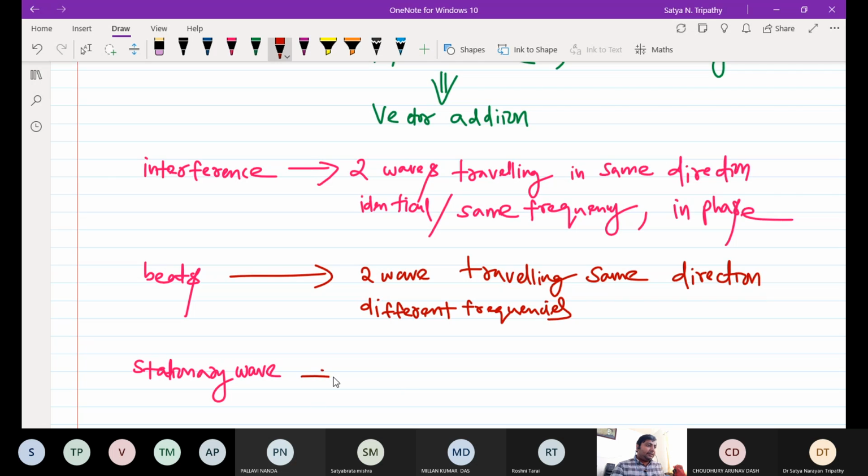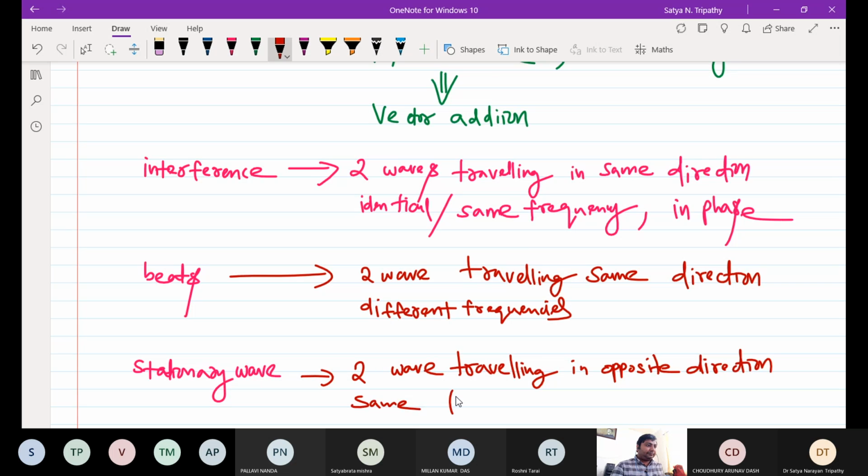Third is two waves traveling in the opposite direction with the same frequency. Is it clear?